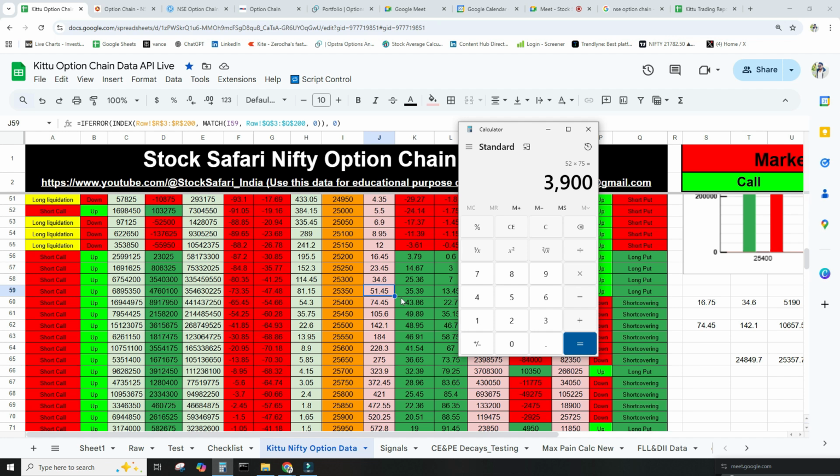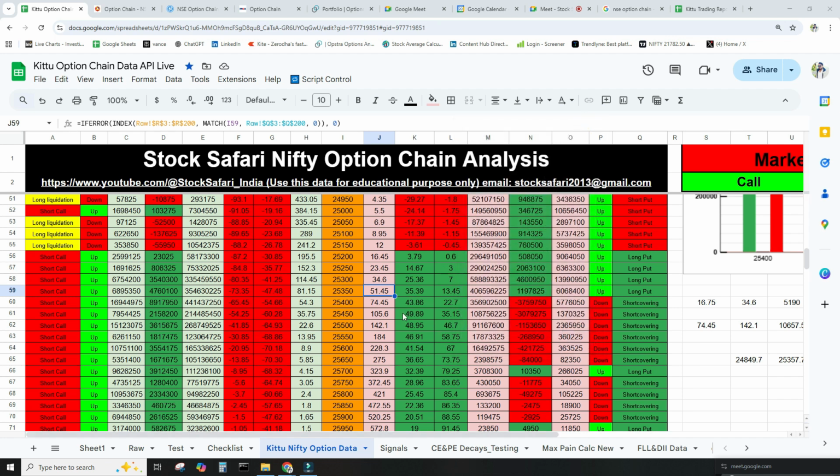So what is happening here, maybe this writer might have entered at 75 rupees, or else maybe around 80 rupees. At 80 rupees he might have sold this contract, or else 70 rupees, let us assume 70 rupees.